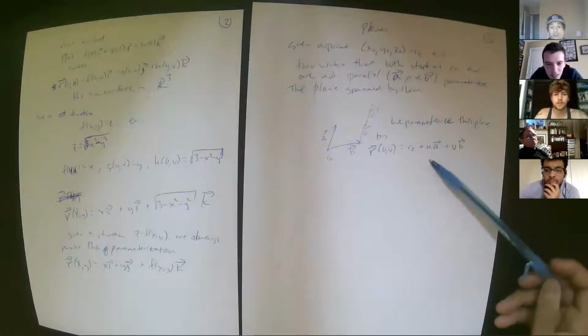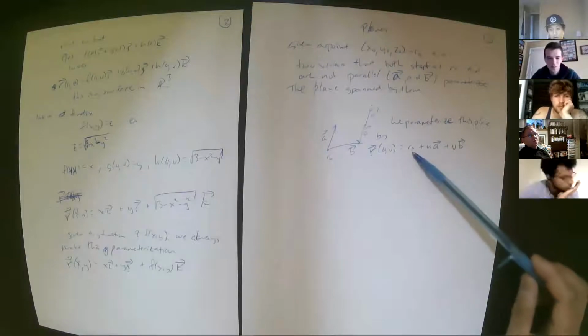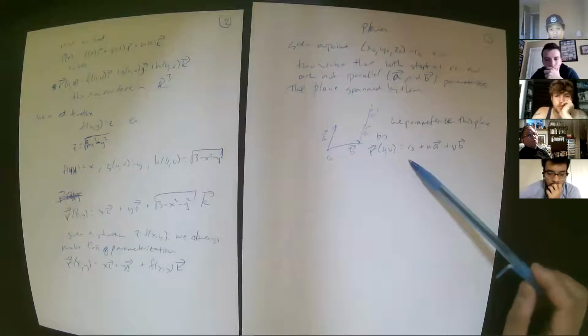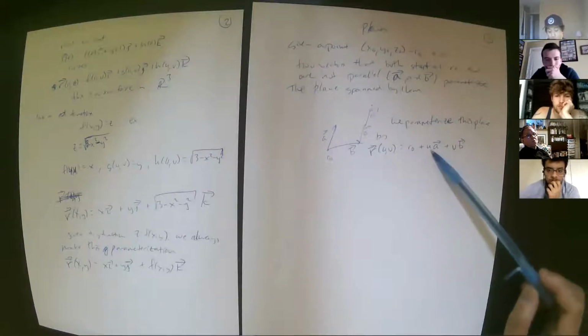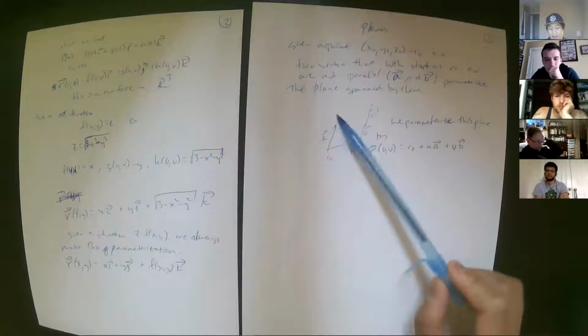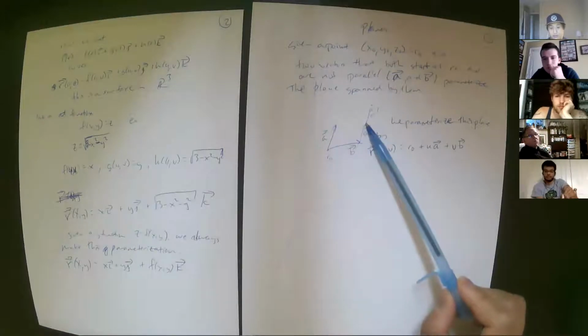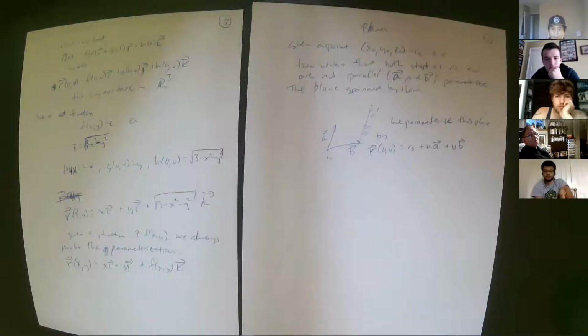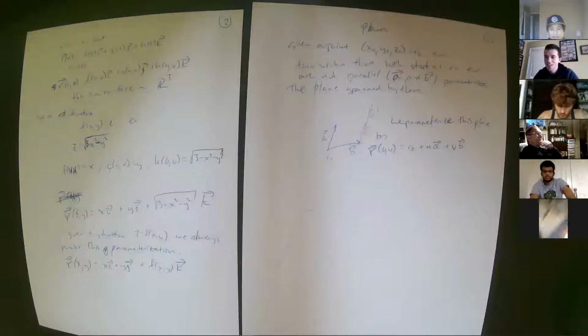This is exactly what we just talked about. We start here when U and V are 0. When U is 1 and V is 1, we travel 1A and 1B right here. When they're negative, we go back this way. Does that make sense? Not super sophisticated, but we have talked about it before.